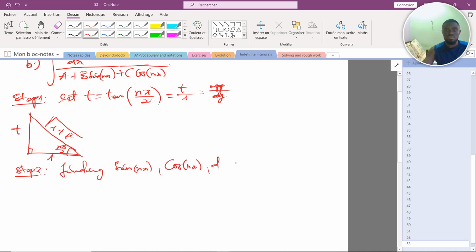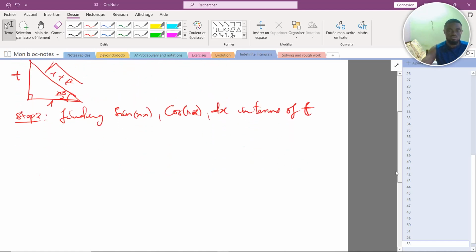Finding sine nx, cos nx, and dx in terms of t, because our variable that we left was t. If you instead set u to be equal to tan(nx/2), you will find it in terms of u. Very good.